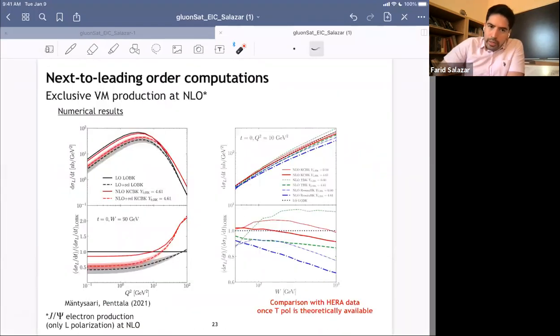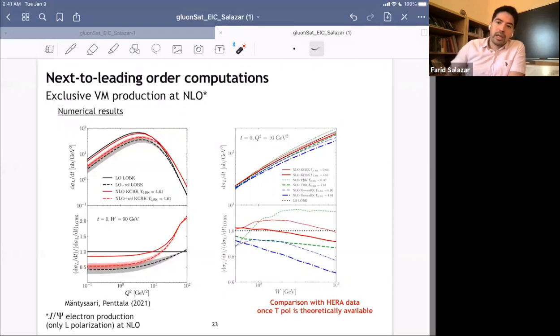There is some progress towards exclusive vector meson production at next-to-leading order. So this requires massive quarks. And only the longitudinal polarization is known. So there is still no comparison with HERA data, because one needs a transversely polarized photon.